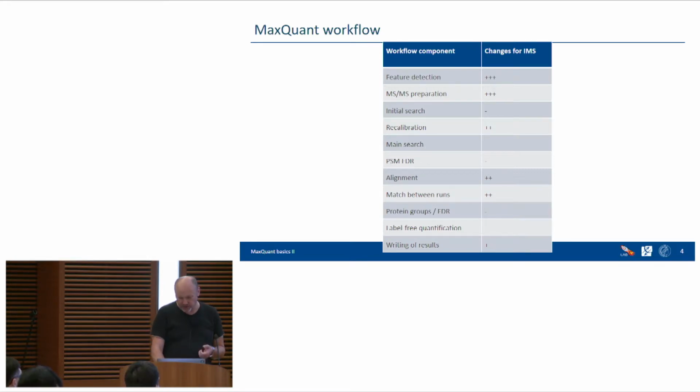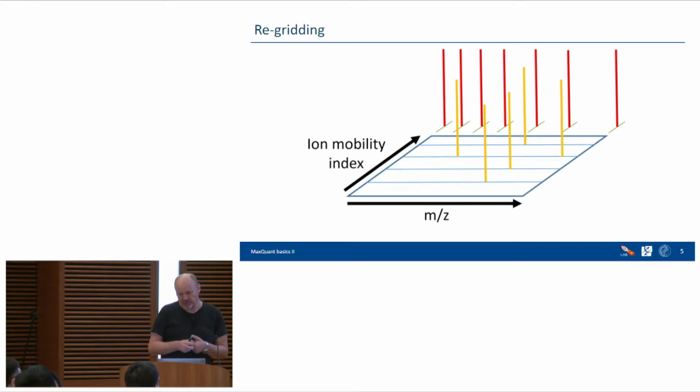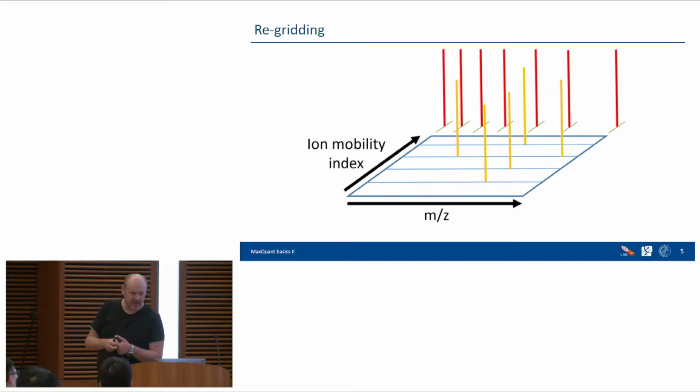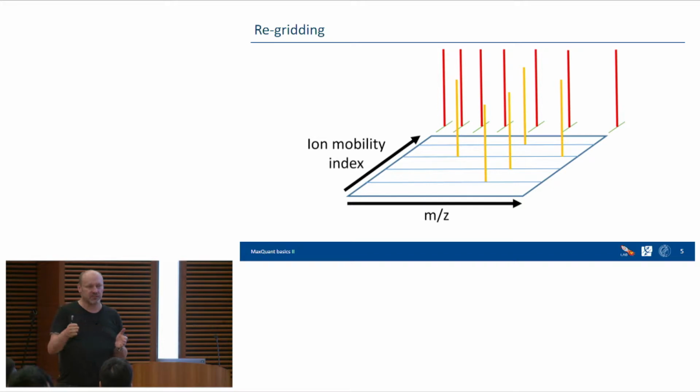Okay, so let's go to the steps that we're doing. The first step that we do to analyze this data is some regridding, so that we have data points on a regular grid, not necessarily with the same lattice spacing everywhere, but on some kind of grid that is comparable throughout all the dimensions. It turns out that for Bruker data, one has to regrid in the mass direction.